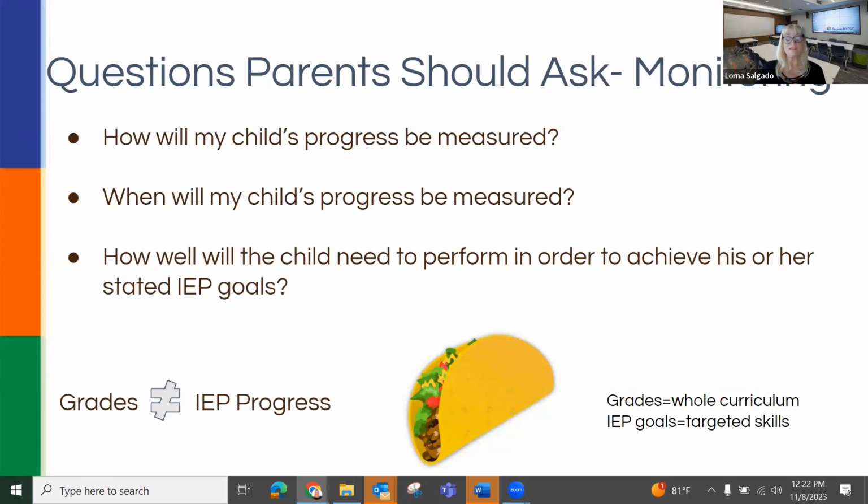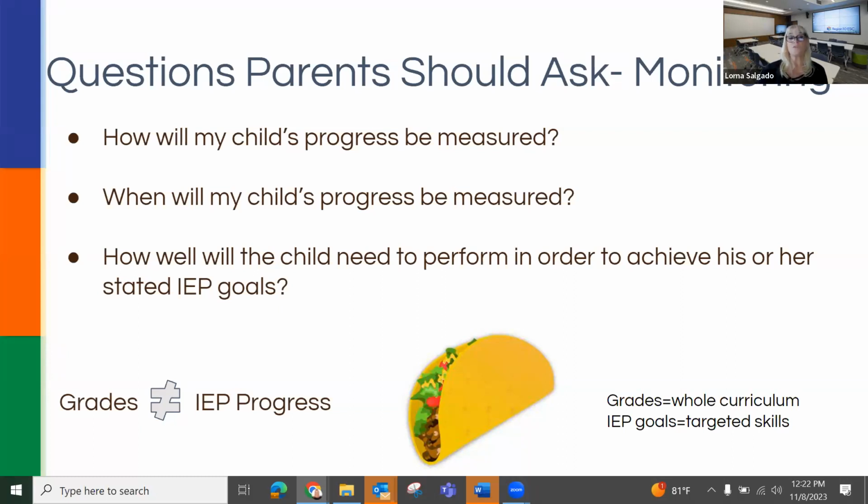One thing that I like to do, the picture helps me, and it's lunchtime, so it makes me happy. And that is to talk about what's the difference between grades and IEP progress monitoring. So grades are the whole curriculum. IEP goals are those things that we say that's the critical targeted skill for your child that we're going to focus on.